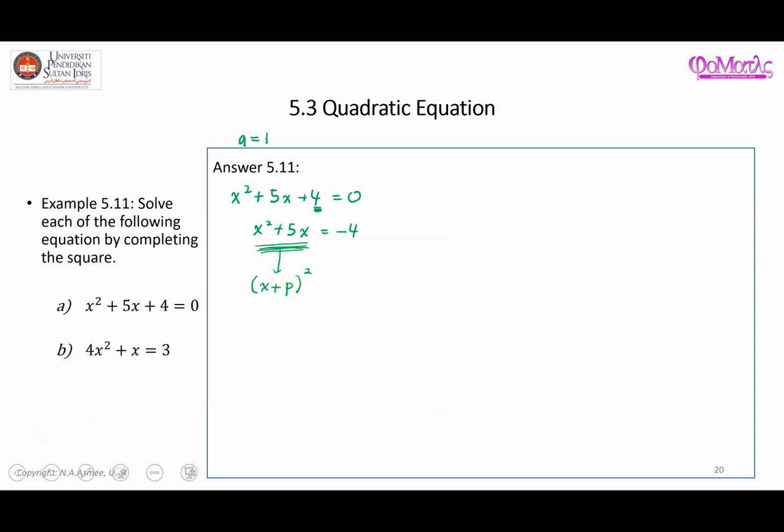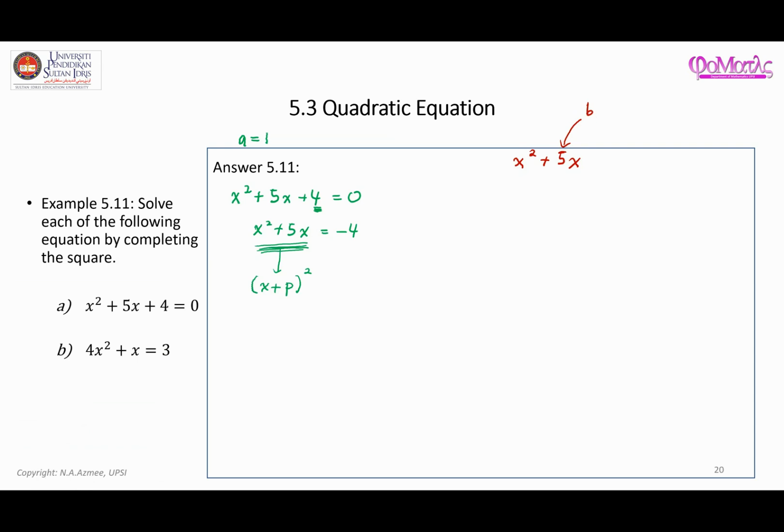So how are we going to do this? Now there is a simple trick in doing this. The trick is that if I have x squared plus 5x, I will always use this number. This is our b.